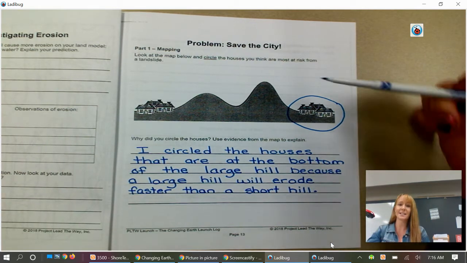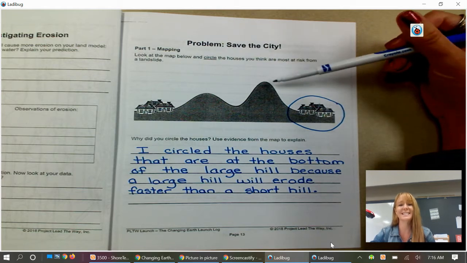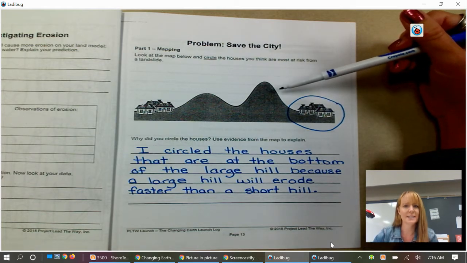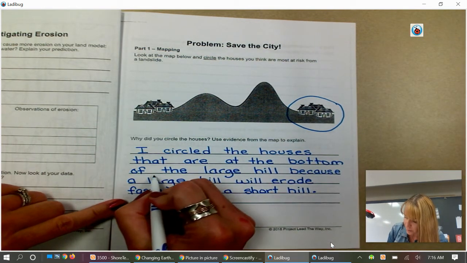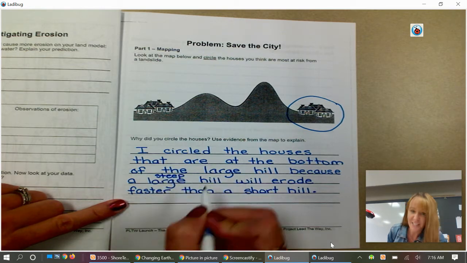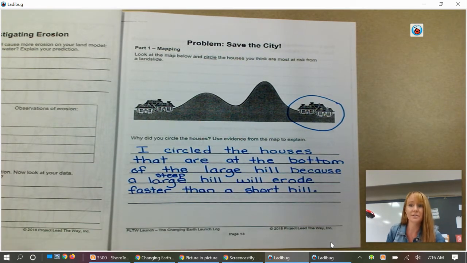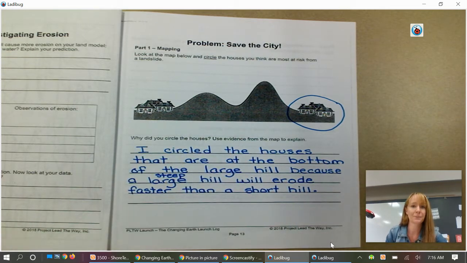Right? During a landslide, this will wash away faster because it's steep. Maybe we should have said a steep hill instead of the large hill. Let's go ahead and change that. Or we'll just add it in, steep. It's both. It's a large, steep hill because that will erode faster than a short, not as steep hill.